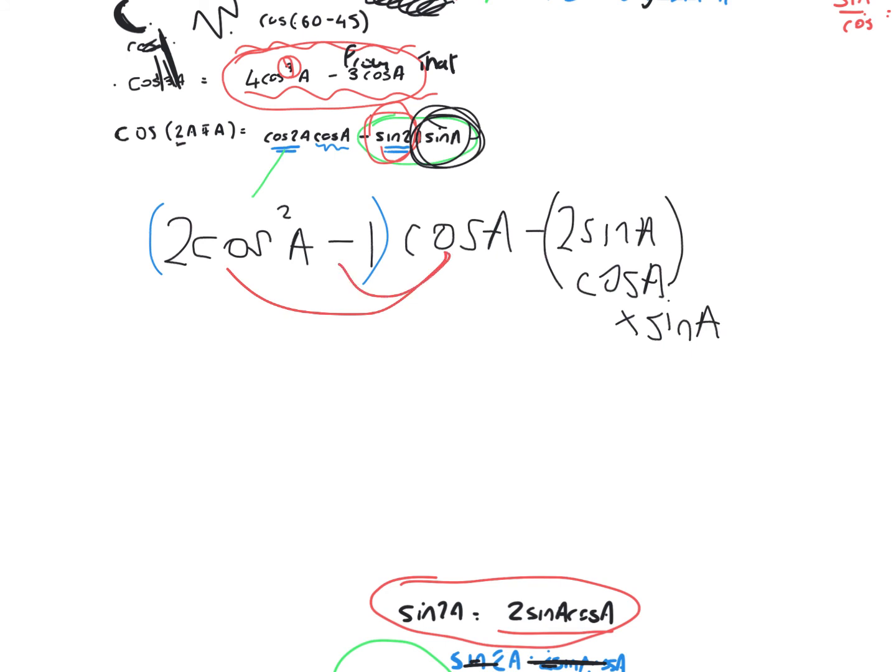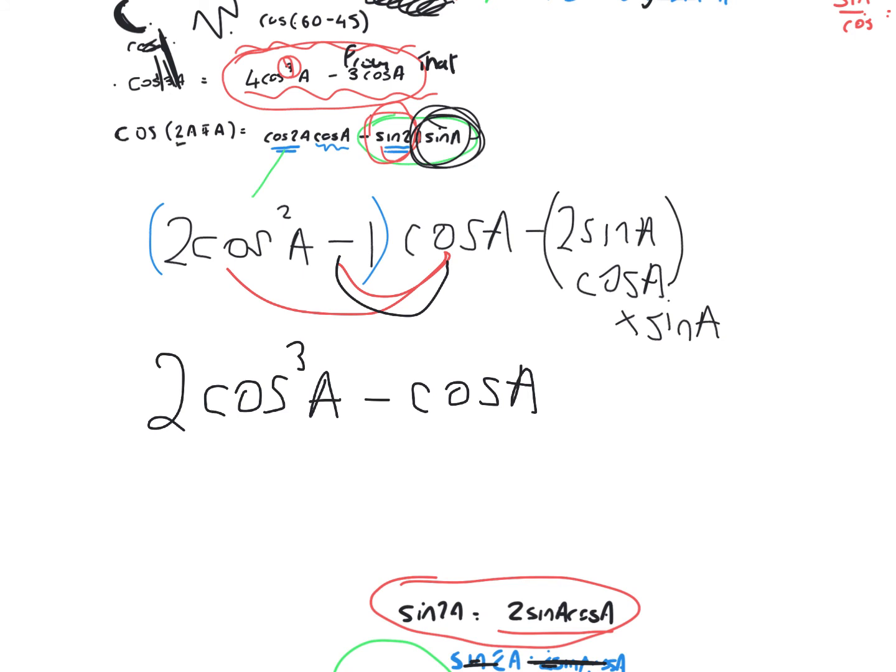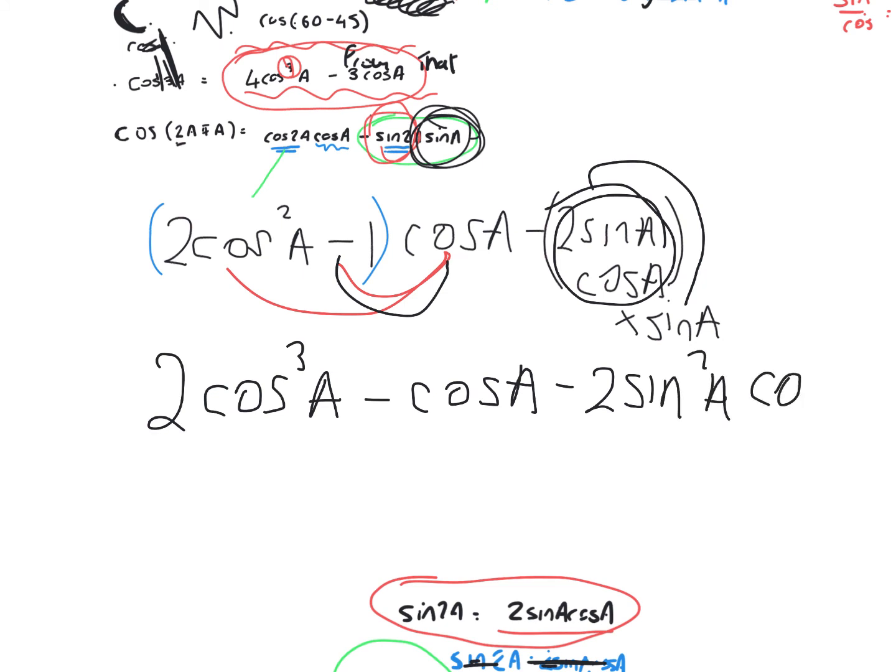So that's going to give me 2 cos squared A times cos A is 2 cos cubed A. And then I've got minus 1 times cos A is just minus cos A. I've then got minus 2 sine A cos A times sine A, so that will be minus 2 sine squared A cos A. A kind of useful parallel example to use: if you had 2xy times x, you would get 2x squared y. So that's basically what we've got there.